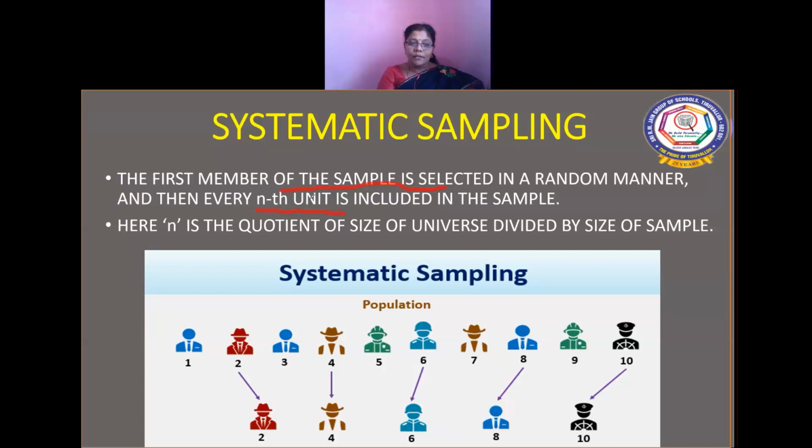Sampling interval depends on the size of the sample. For example, if we have to survey 200 students out of a universe of 2000 students, the sampling interval would be 10. It means we have to select every 10th item from the list.